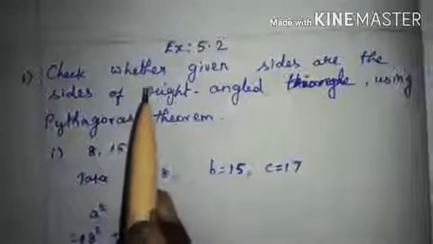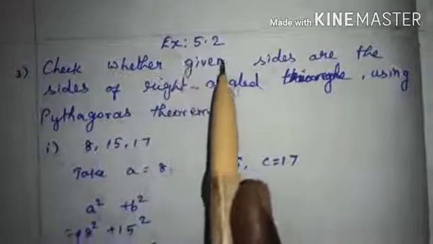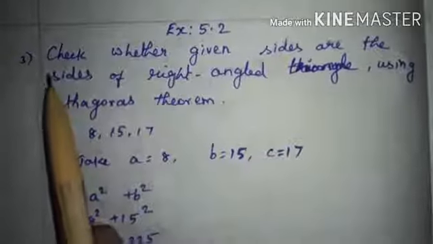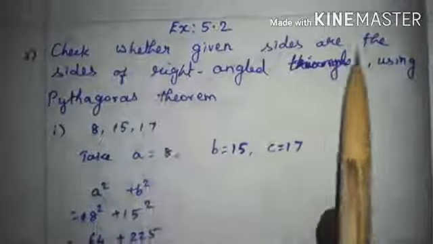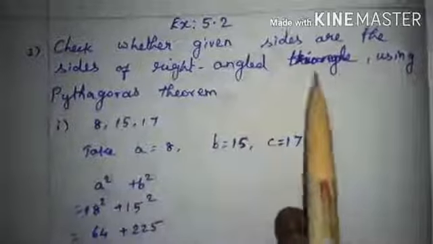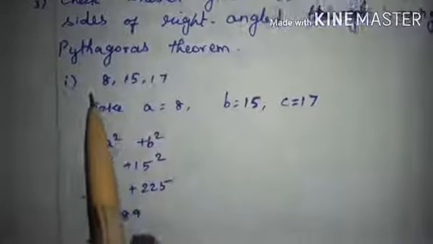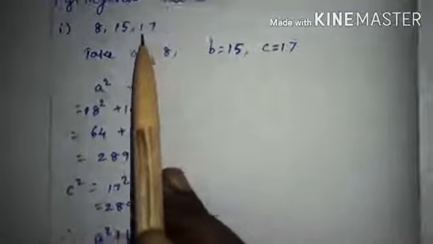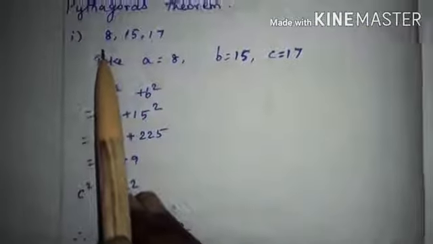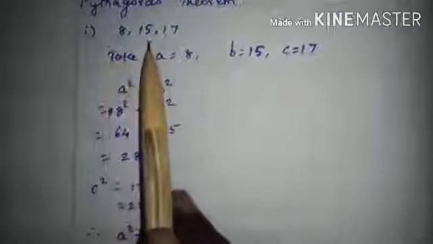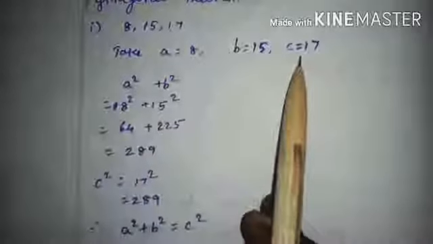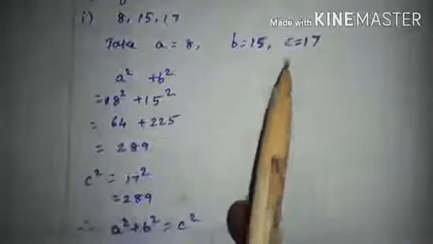Let us see sums from exercise 5.2 using the Pythagorean theorem. Check whether the given sides are the sides of a right angle triangle using Pythagoras theorem. They have given 8, 15 and 17. First we take side a to be 8, side b as 15 and side c equal to 17.